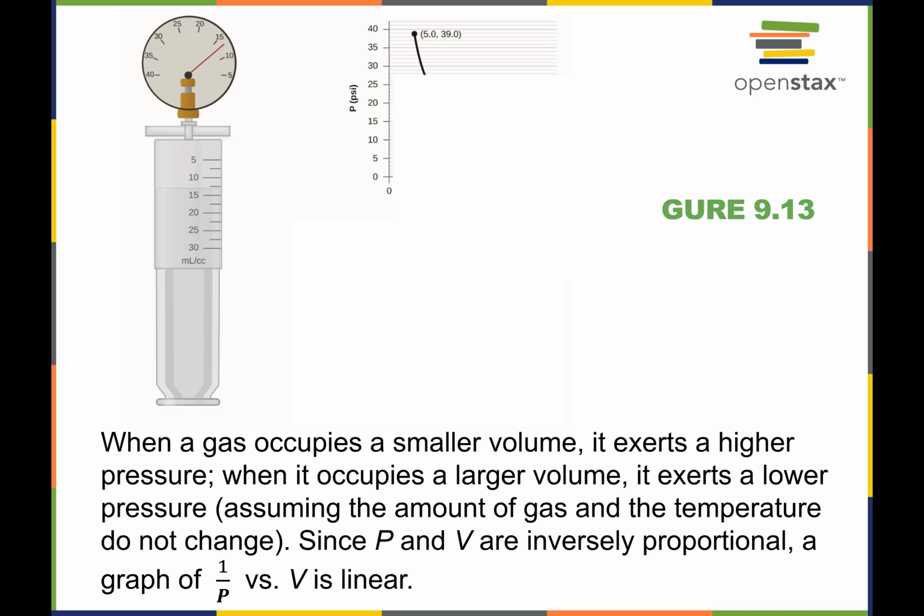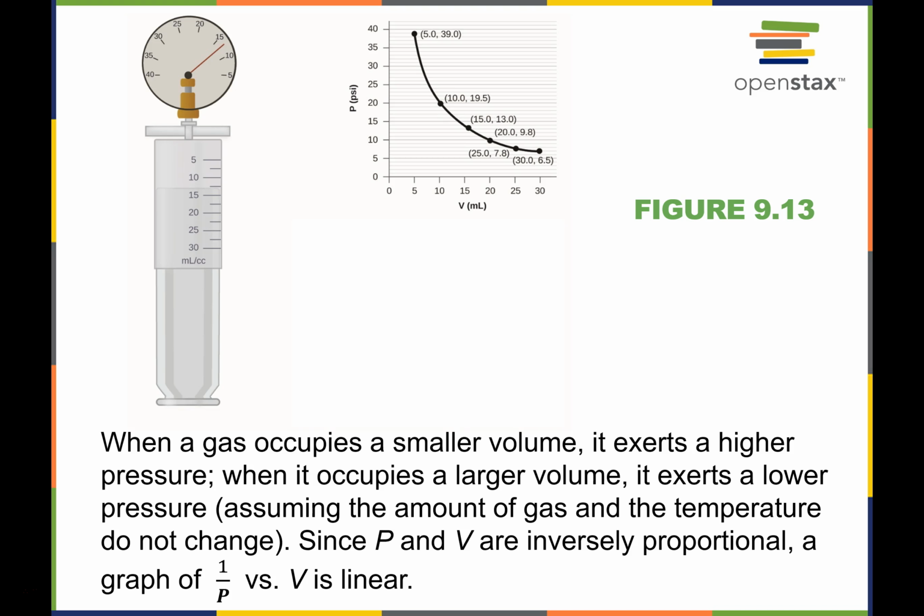So here we go. We did some experiments, and notice that with, how much volume would you say? If that's 10 and that's 15, maybe 12 and a half? Maybe 13 milliliters? So 12 and a half or 13 milliliters. We're right about there.